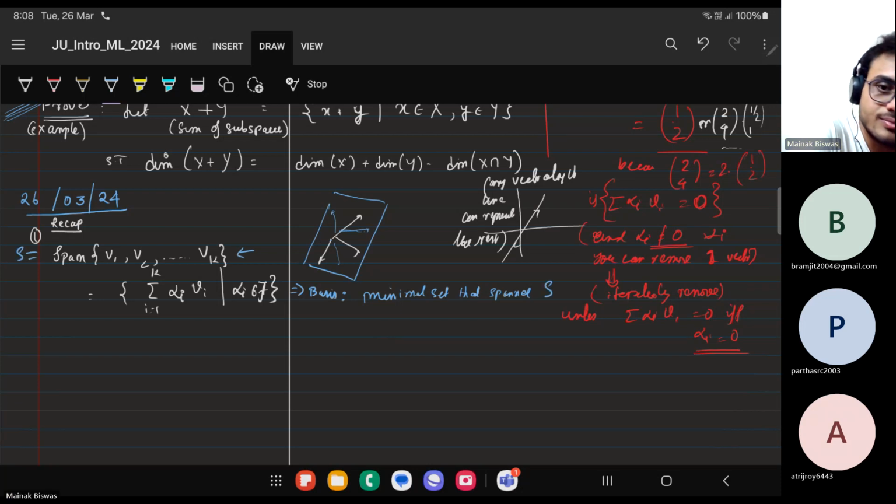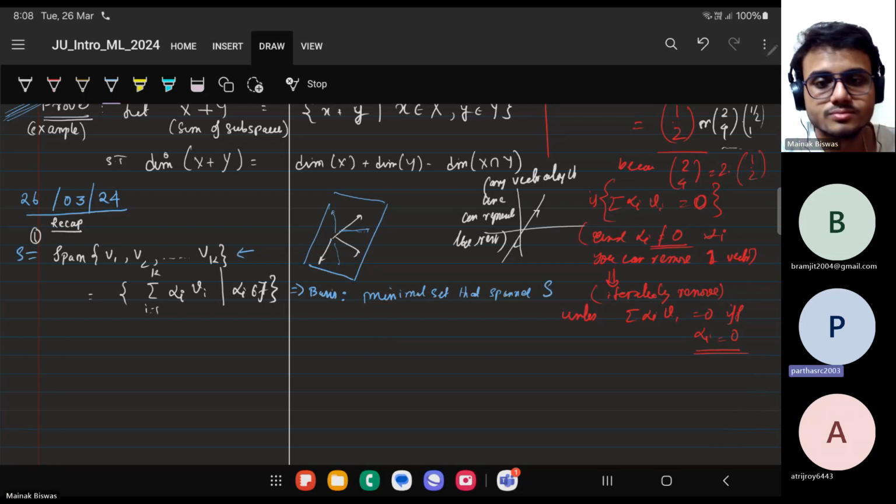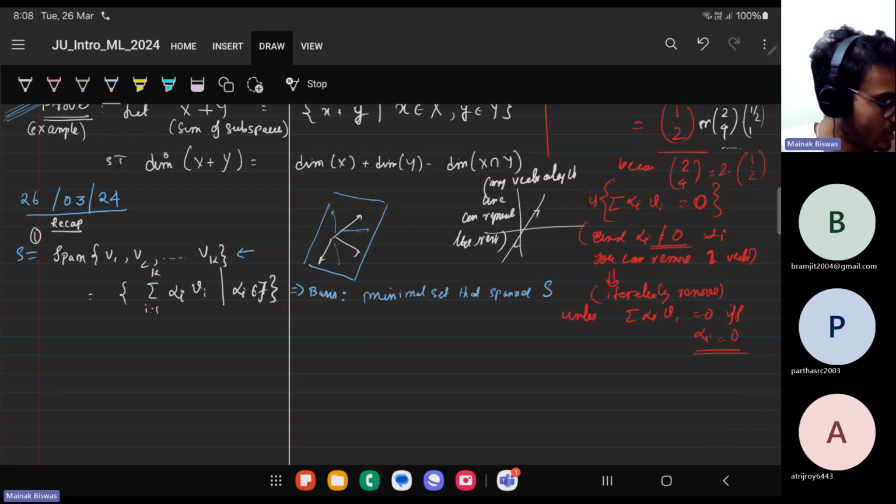S, a vector space. Is S a vector space? Please go back and look. It's a subspace, and subspaces are vector spaces also, being part of a vector space. You just need to know what a subspace is.